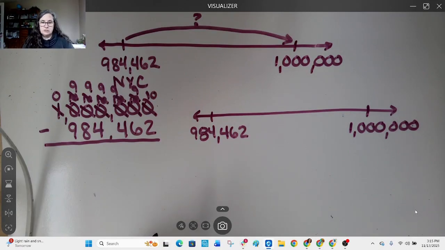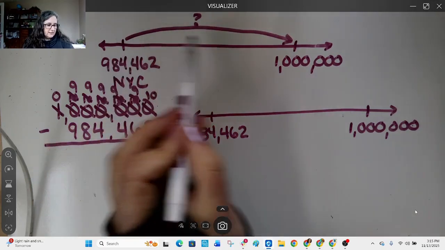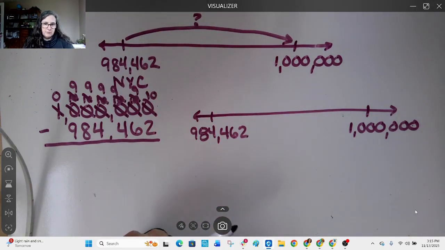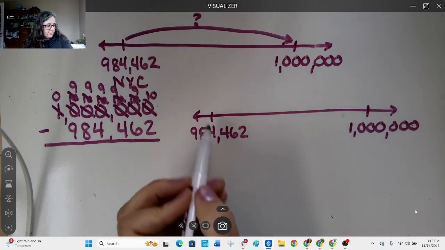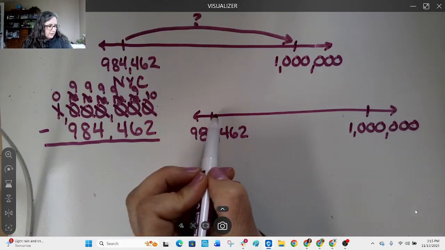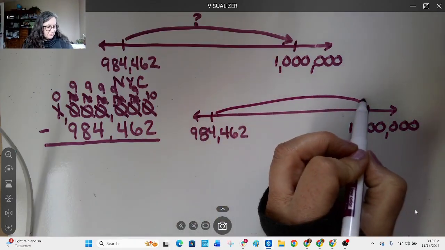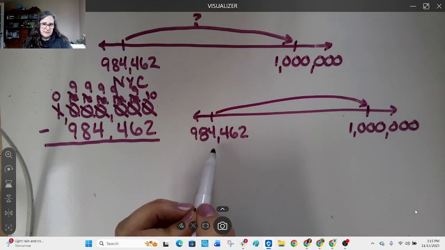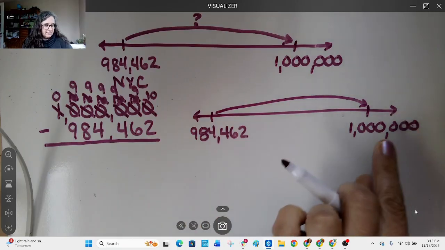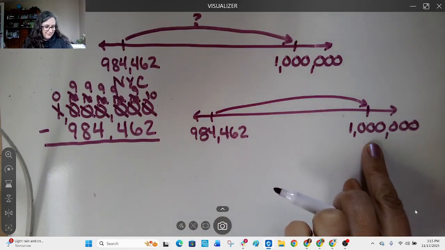Let's look at another strategy to approach this. And this is where we think of this as a missing addend problem. So we know that we are trying to figure out what number do we add to 984,462 to get to 1 million.